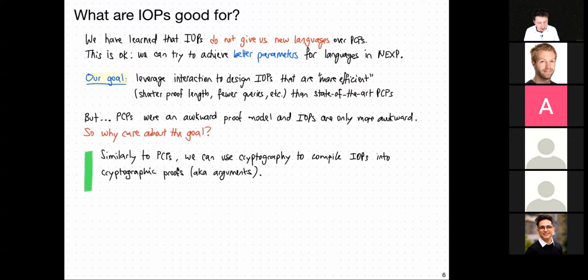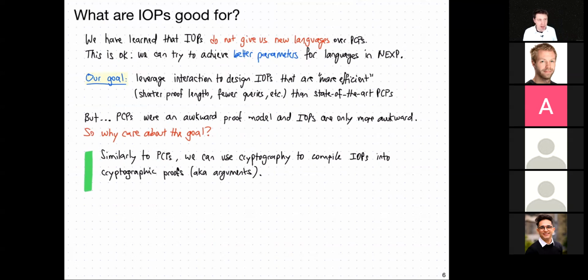However, fortunately, similarly to PCPs, we can actually use cryptography to compile IOPs into cryptographic proofs, also known as arguments, okay? And this is something that Tom is going to talk about in the last lecture on Friday afternoon: how to turn a PCP into a cryptographic proof and implement this query access.